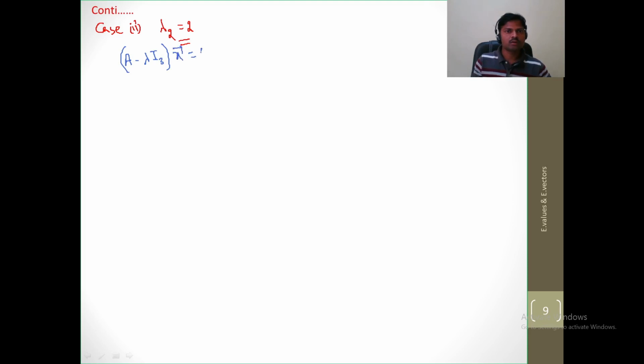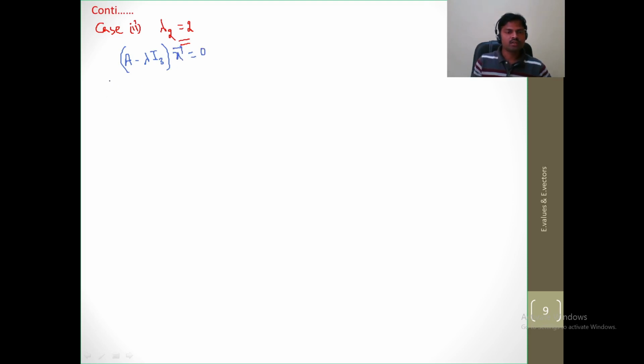Similarly, the second eigenvalue, so case 2. Case 2, for lambda 2 is equal to 2, with respect to the second eigenvalue 2. Then (A minus lambda I3), where A is of order 3 by 3, into x bar is equal to the null matrix.